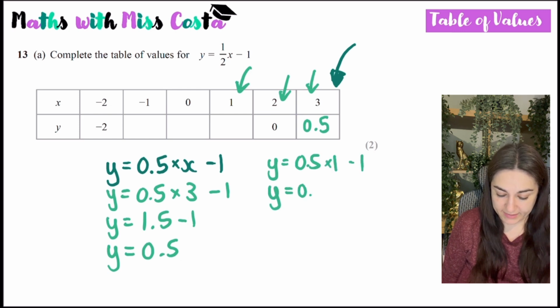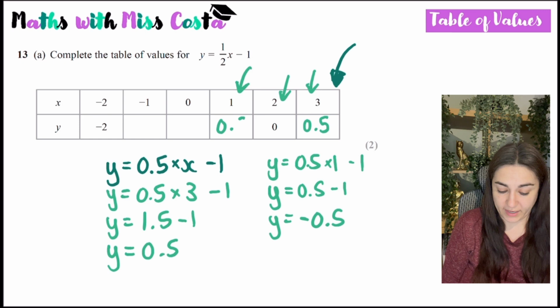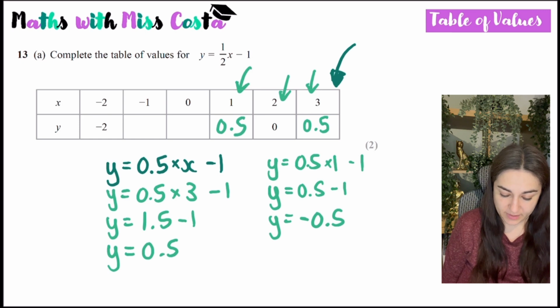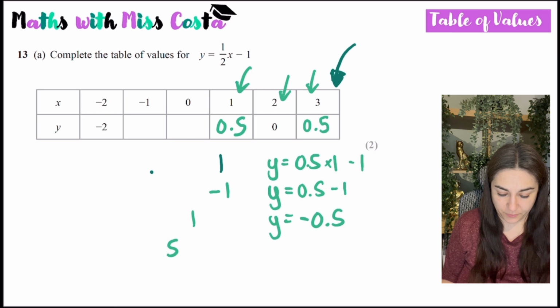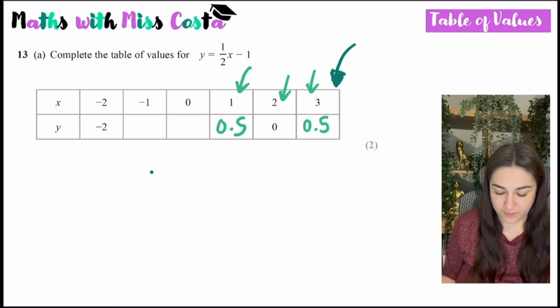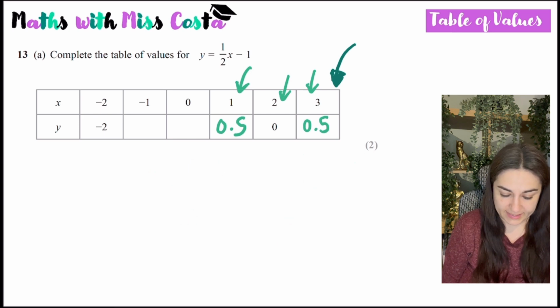So half of 1 is 0.5, and 0.5 take away 1 is minus 0.5. You've got your calculator that you can use as well. Then I'm going to try it for 0. Now, once you've done a few, you might notice a pattern, but let's just keep going on anyway.